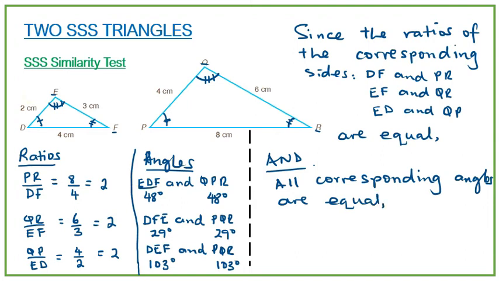EDF corresponds with PQR, and you can see both of them measure 48 degrees. DFE and PQR, they both measure 29 degrees and they are corresponding. DEF and PQR are corresponding and both measure 103 degrees. So you can see that they are all equal.